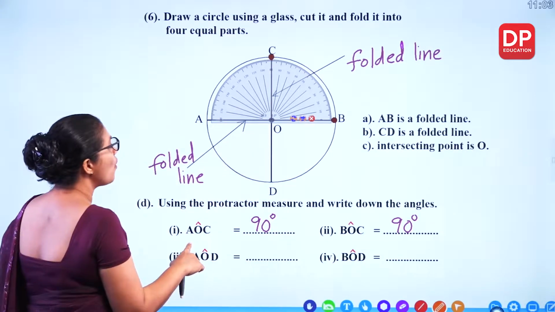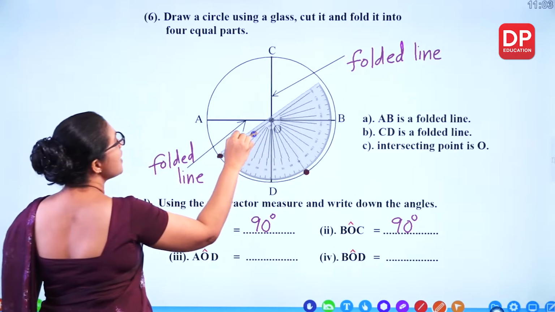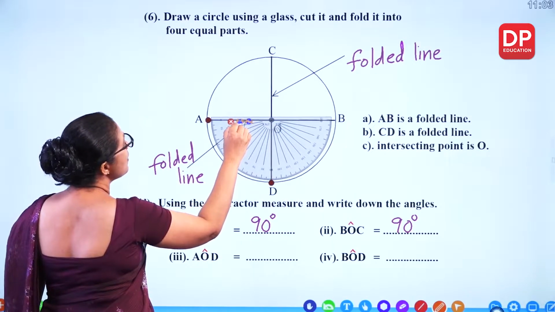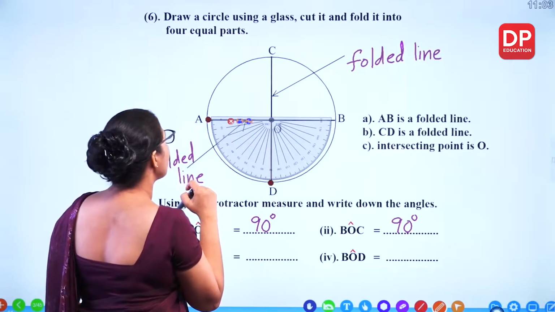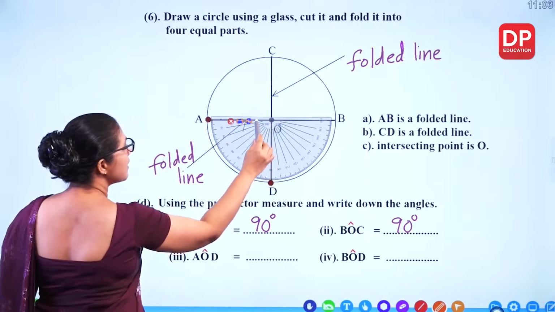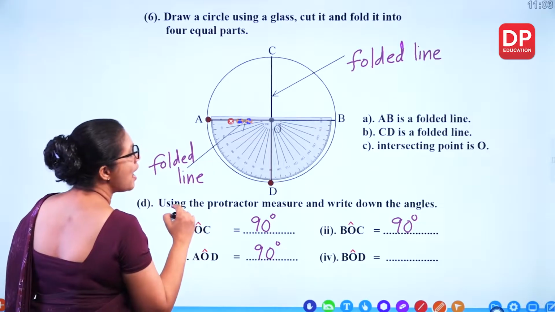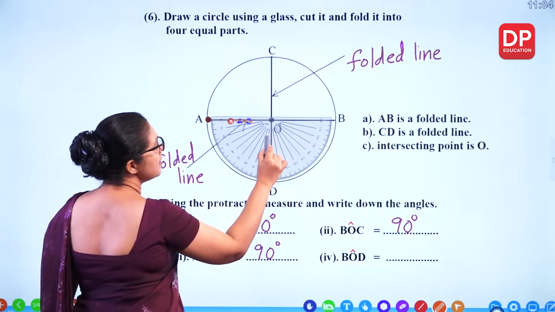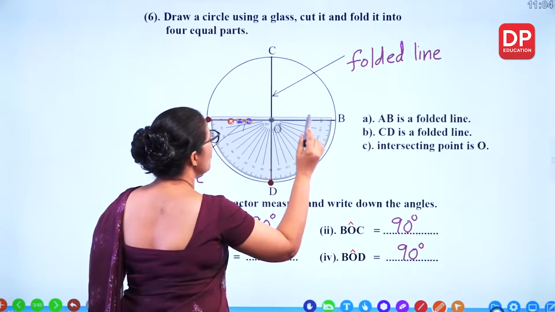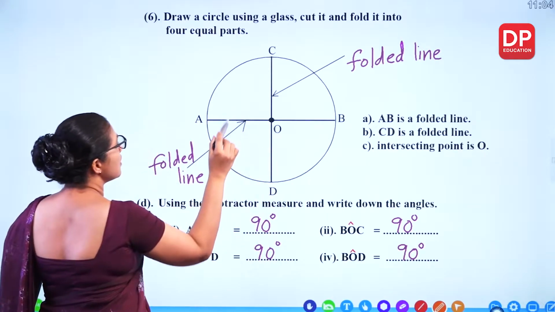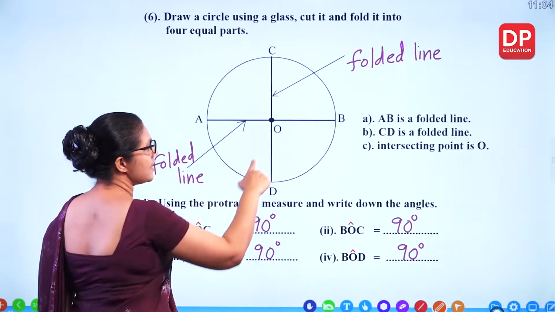What about AOD? You can turn it upside down and measure the other two angles. AOD angle, this angle, that's 90 degrees. And BOD angle, that's also 90 degrees. So when you fold it twice, each angle is 90 degrees.